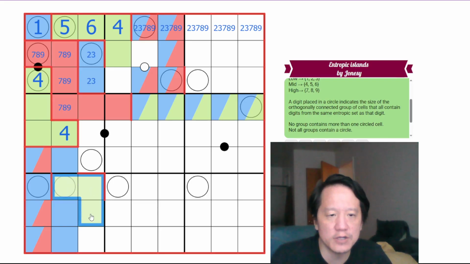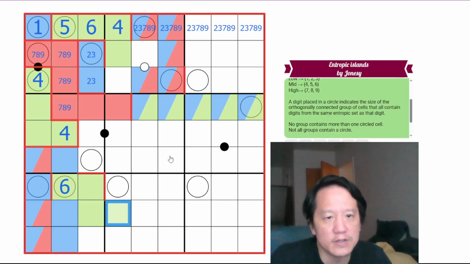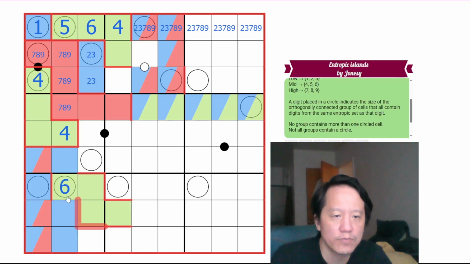That's 3 already in this box, so then medium has to exit out. It has to be 6 too. And then we have 3 mediums already in column 4. So this is done that way. This is done here and here.